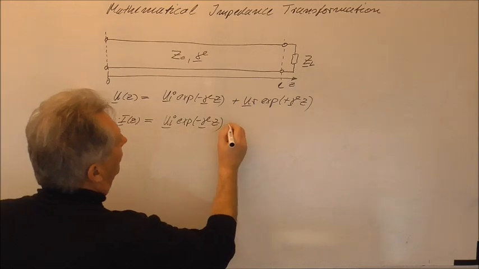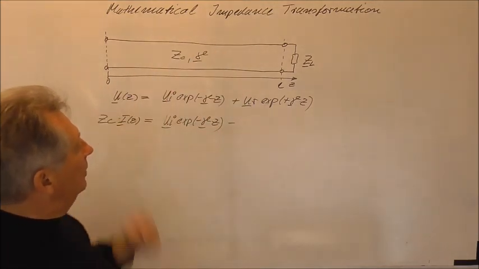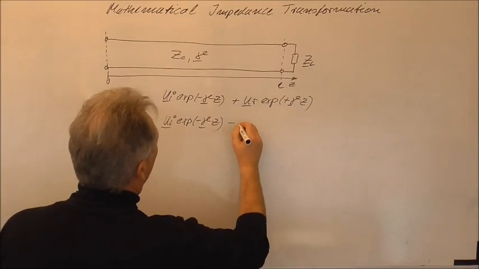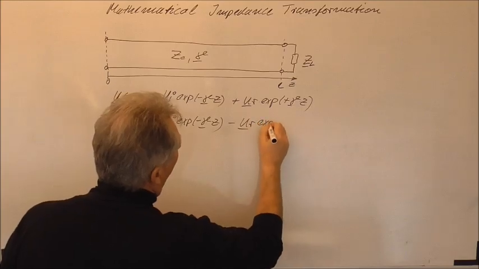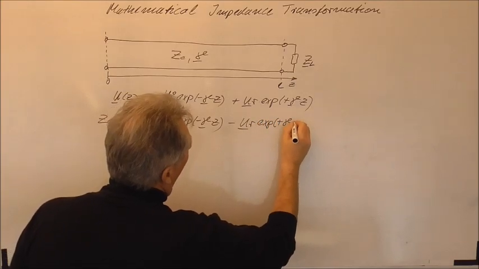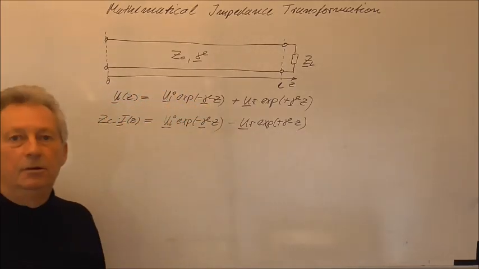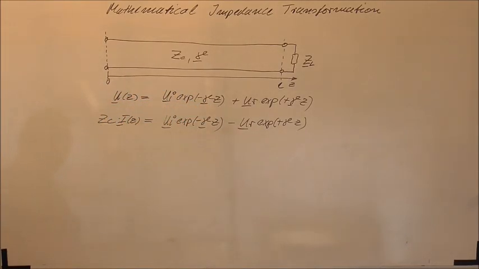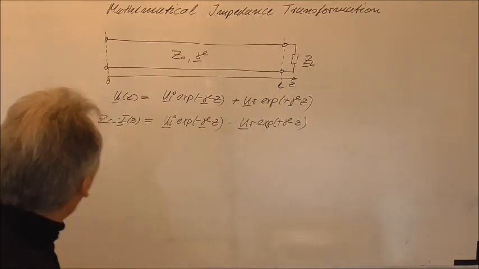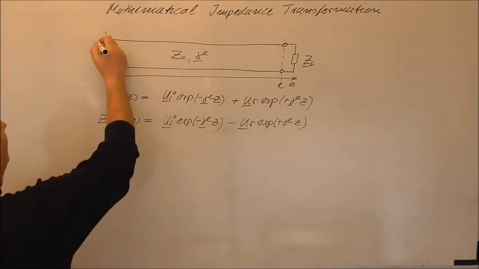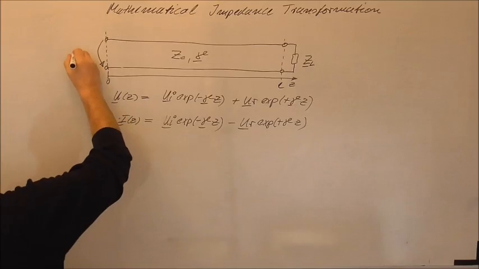But here we must remember that the current of the reflected wave flows in the opposite direction, so this is minus ur times the exponential function of plus gamma times z. So these two equations describe the voltage and current distribution along the transmission line for an arbitrary point z along the transmission line.